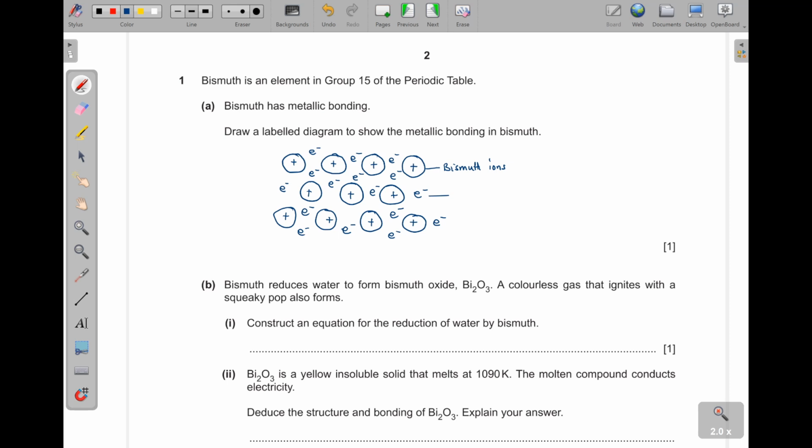And then these are delocalized electrons. They are not just electrons, but delocalized. To be local is to stay in one place. Delocalized means you are not in the same place, you are moving about, so they are free to move everywhere. So that is that.